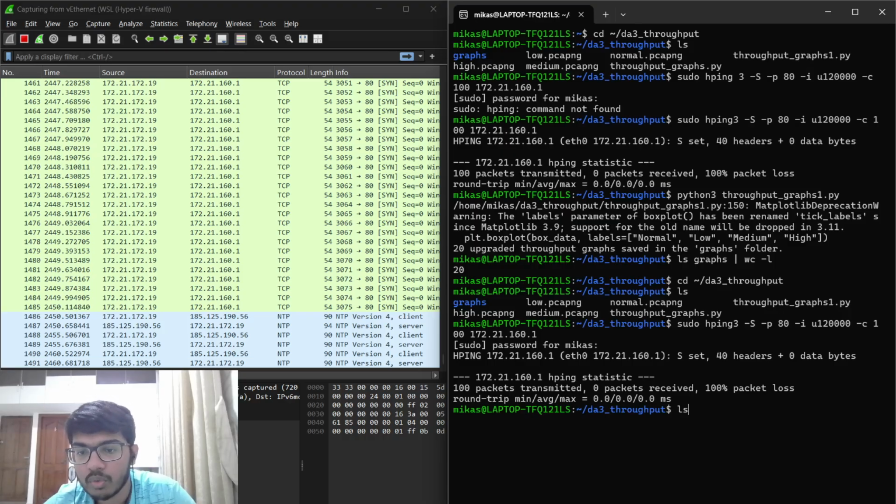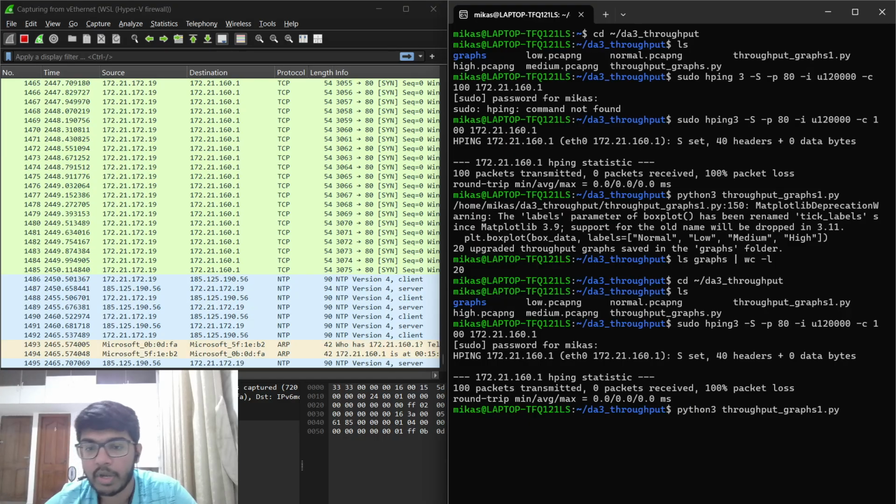Now I will show the graph generation step using the Scapy based Python script.